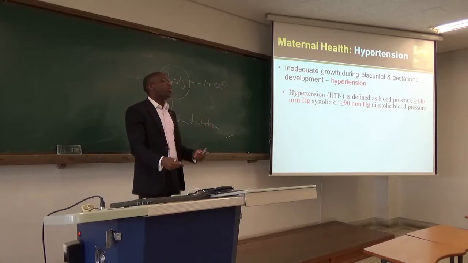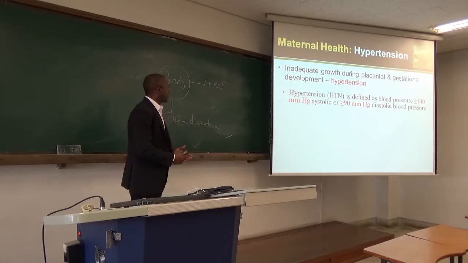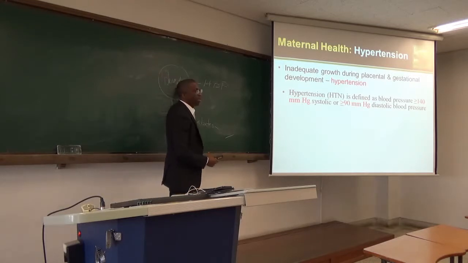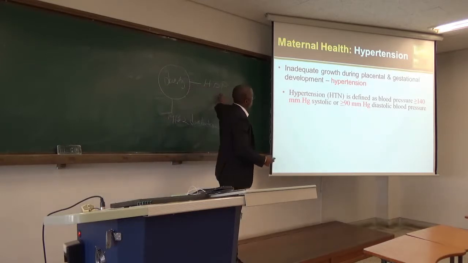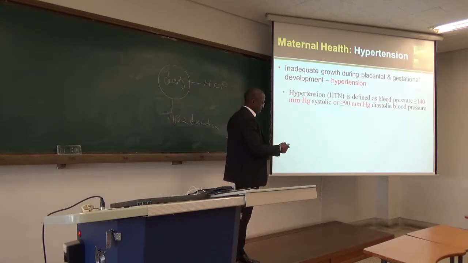We said she needs to gain weight, she needs energy. But now there's a risk with excess energy that can be associated with problems of blood pressure. And with this problem of high blood pressure, oftentimes we have the risk of losing the mother.